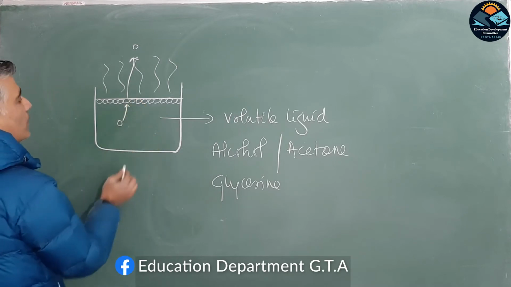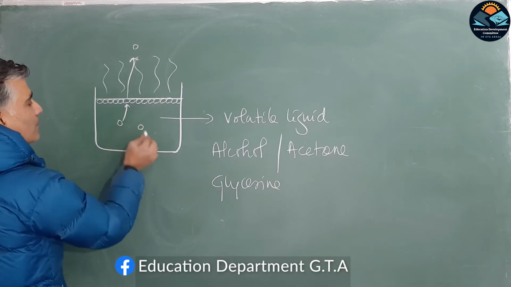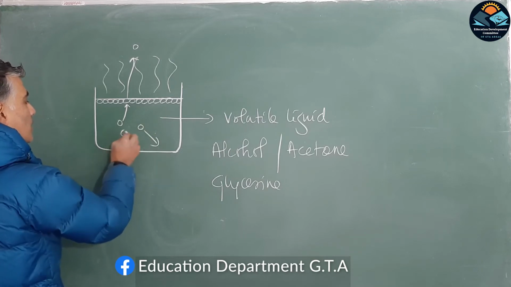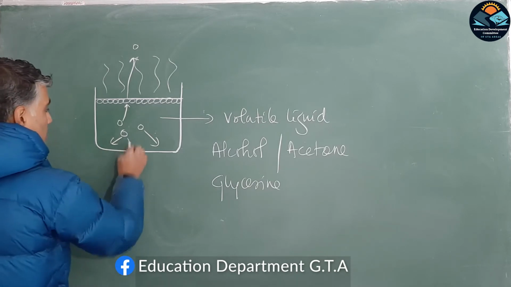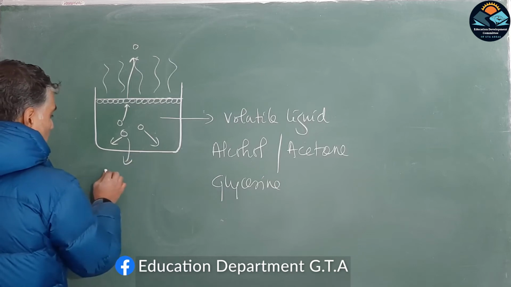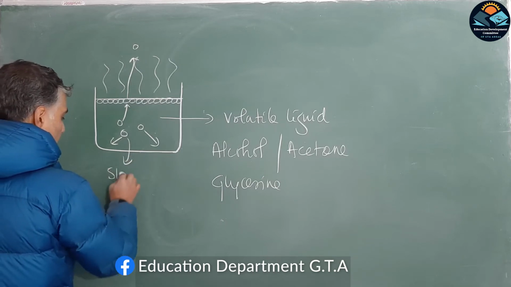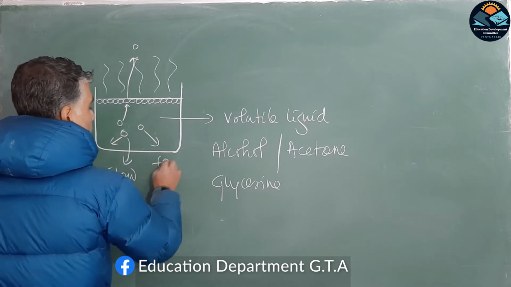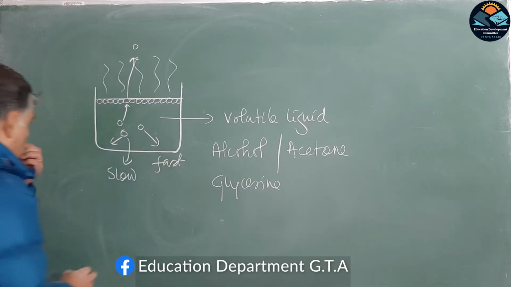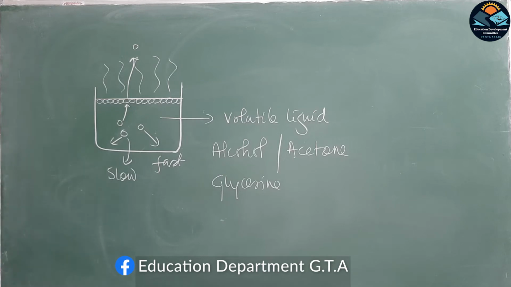You know that in a liquid, molecules move randomly. Some molecules move this side, some move the other side, and they not only move randomly, but also with various velocities. Some molecules are moving slow, so they have less velocity, and some are moving very fast. So there are all sorts of molecules, some moving slow, some moving fast.